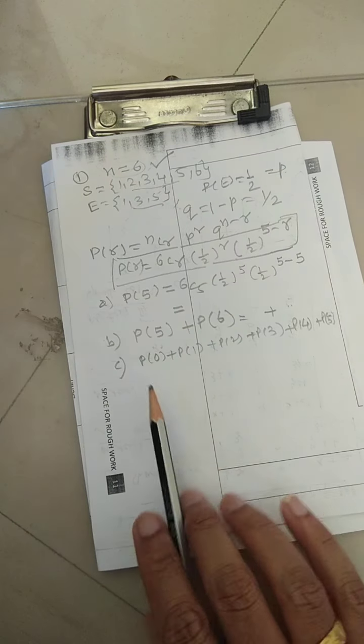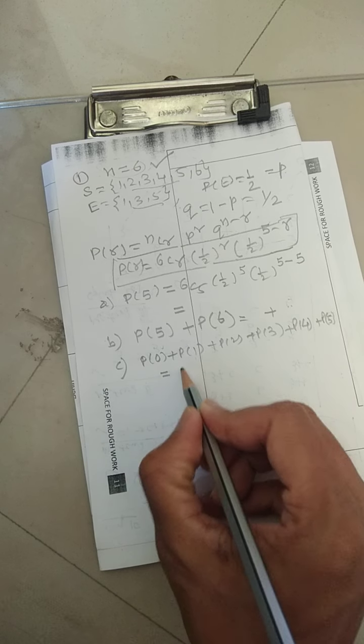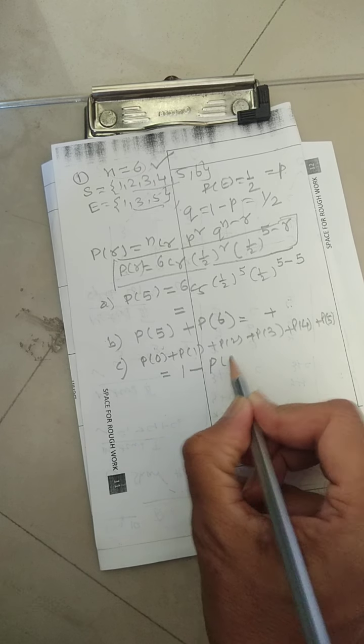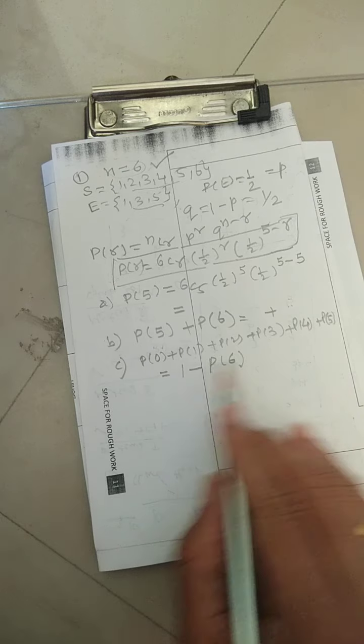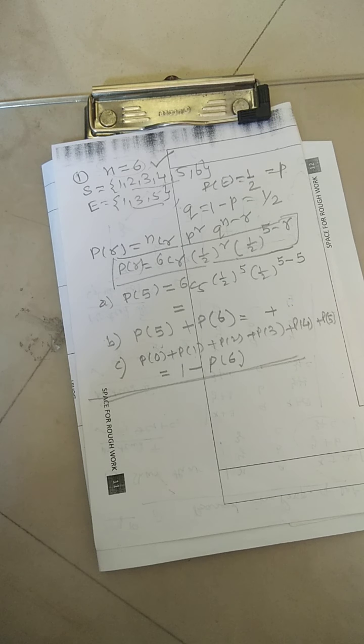Now how to find out P0? Replacing 0 over here. P1, replacing 1 over here. P2, replacing 2 over here. 3 replaced over here. Likewise. Otherwise, one can answer this question by using this remark also: 1 minus P6. What we should say, whenever any events are big, then think about the complement and try to answer the question. So that technique can be used.